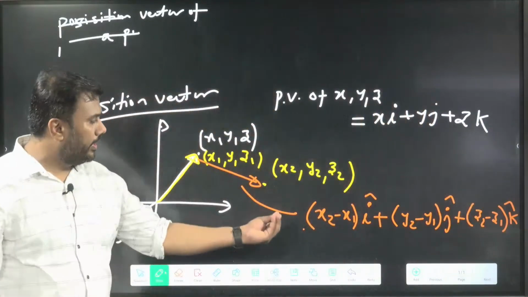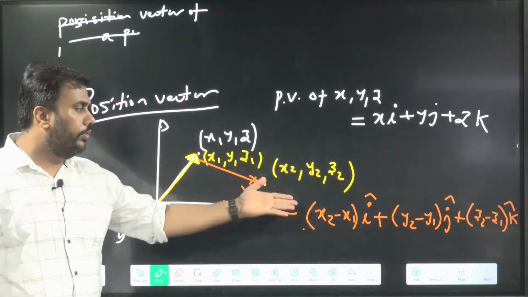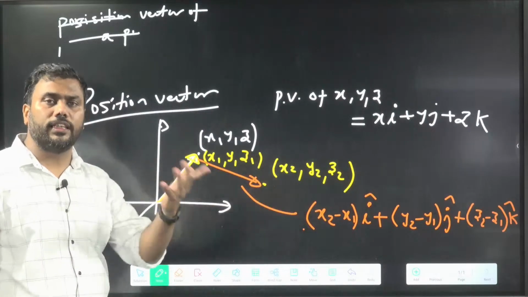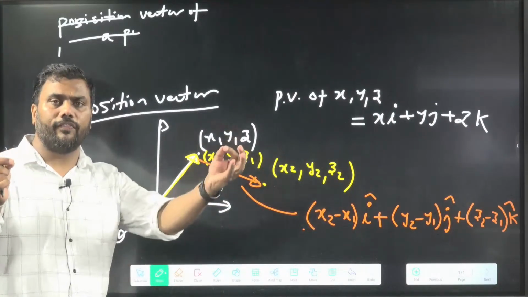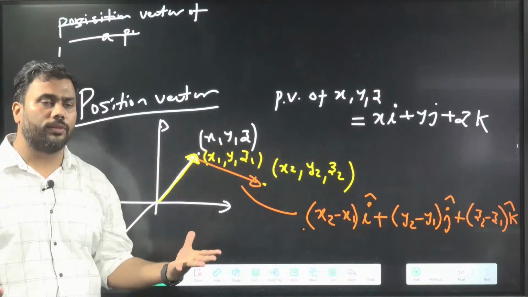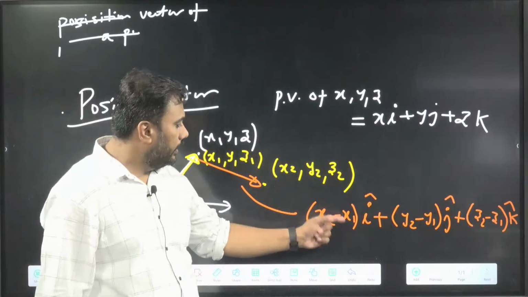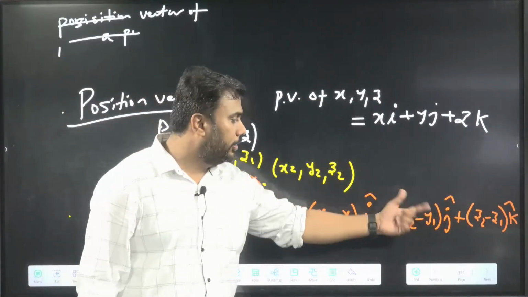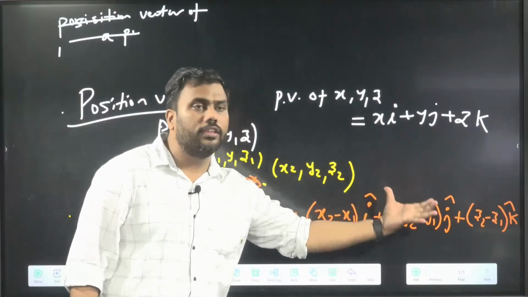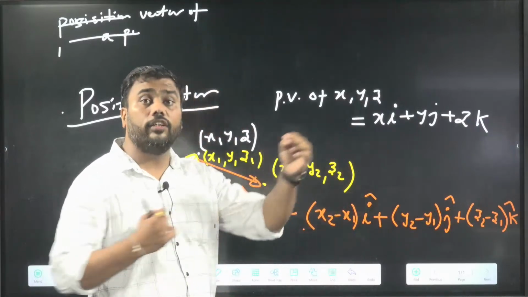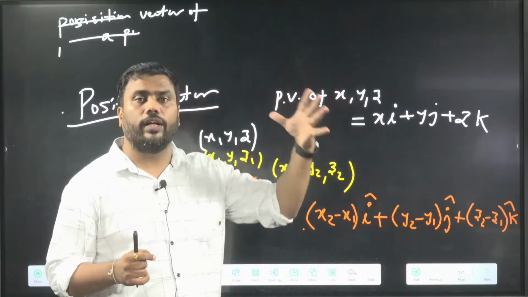You will need this concept in displacement. They will give you the initial point and final point and ask for the displacement. So it is final x minus initial x into i, final y minus initial y into j, final z minus initial z into k. This is a vector connecting the two points.